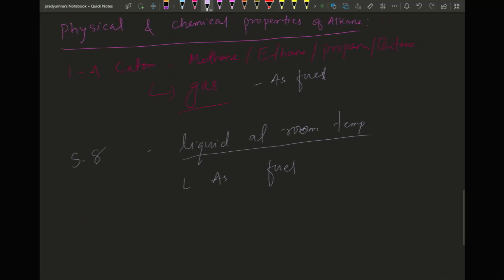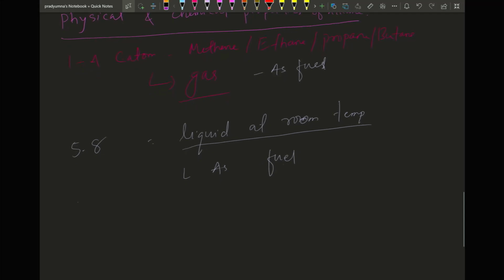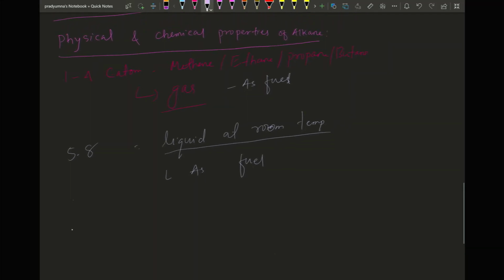Anything above that, like 9, then the density comes into play. Some of them are solid, so anything beyond 8 is likely to be solid or not as fluid as this. If it's greater than 18, they are definitely solid, and most of them we use as lubricants.